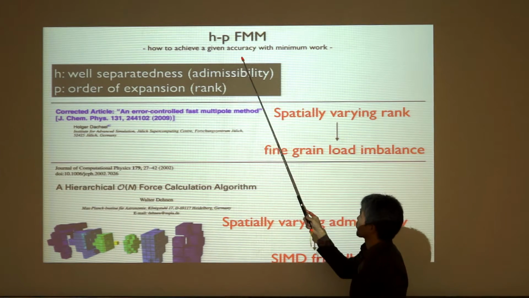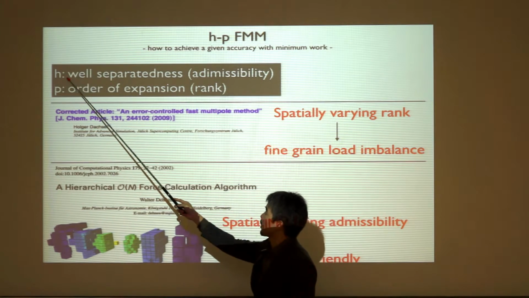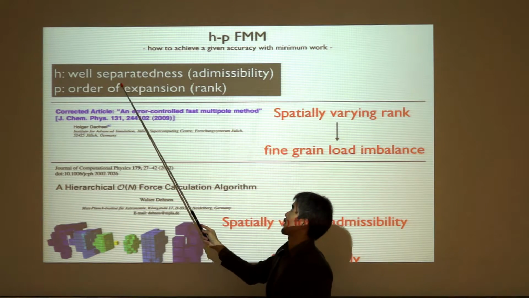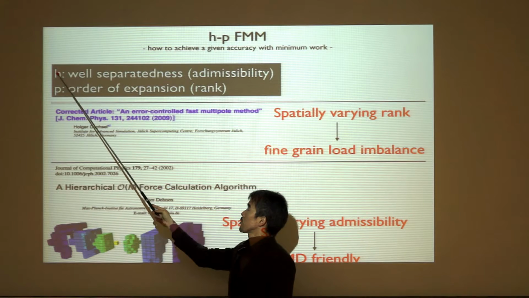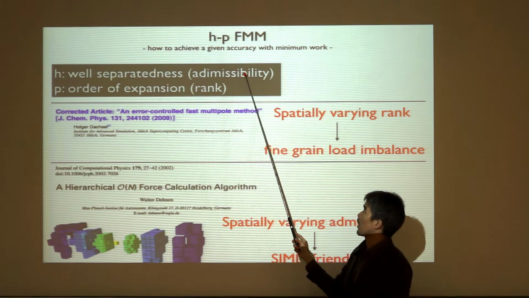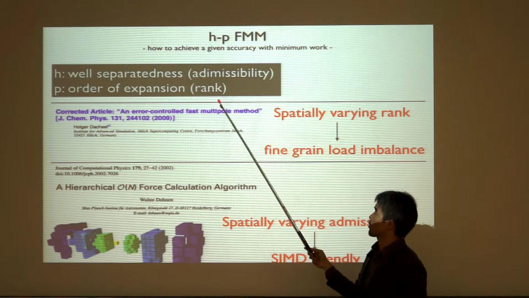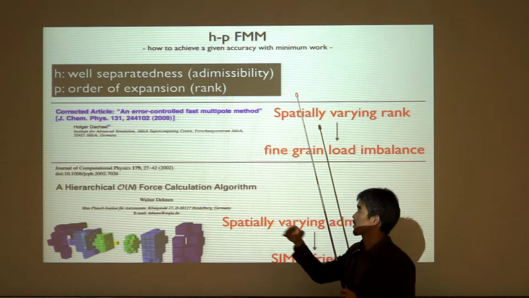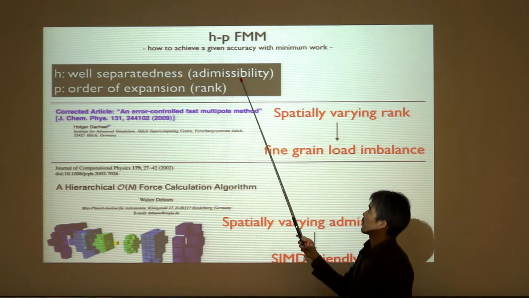And so usually in the geometric fast multipole methods, you don't change H. In the matrix form, the admissibility is determined by sort of subdividing the boxes until you get a certain rank.